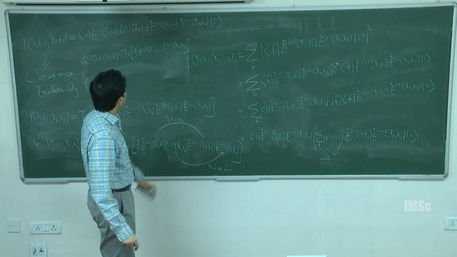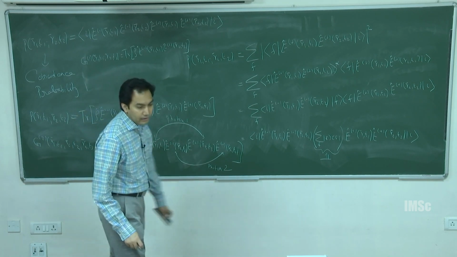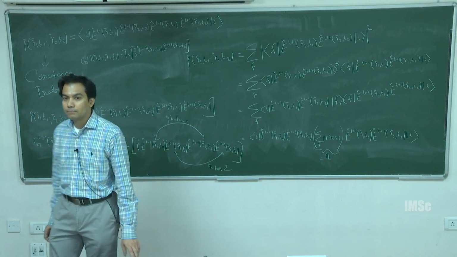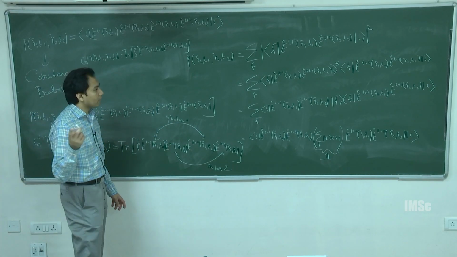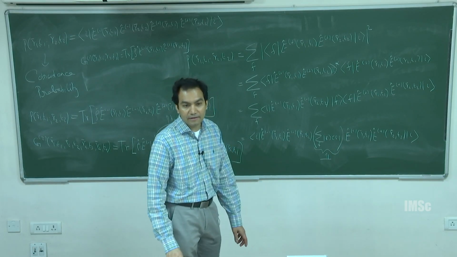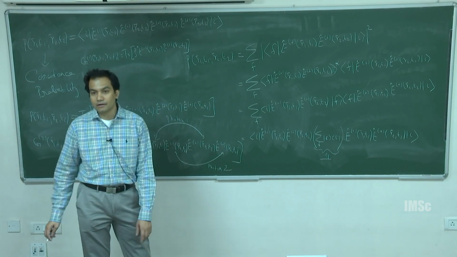In the case of a single photon, this tells us how the field at R1 T1 is correlated to the field at R2 T2. We just have one photon, one quantized electric field that corresponds to that photon.